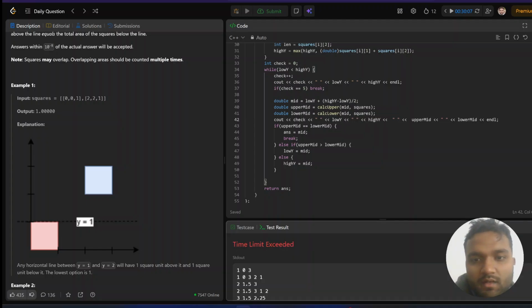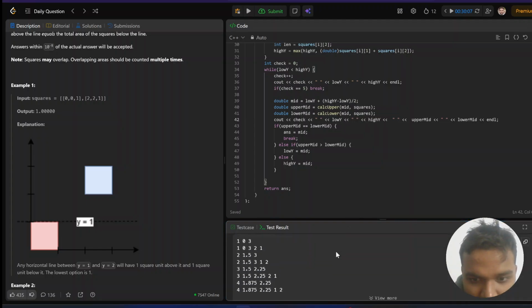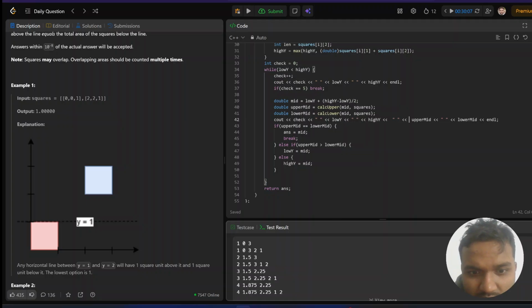The weight is becoming very large and I still have to figure out the error. Check is 1, low is 103. Where is upper mid and low mid? There is a blank.